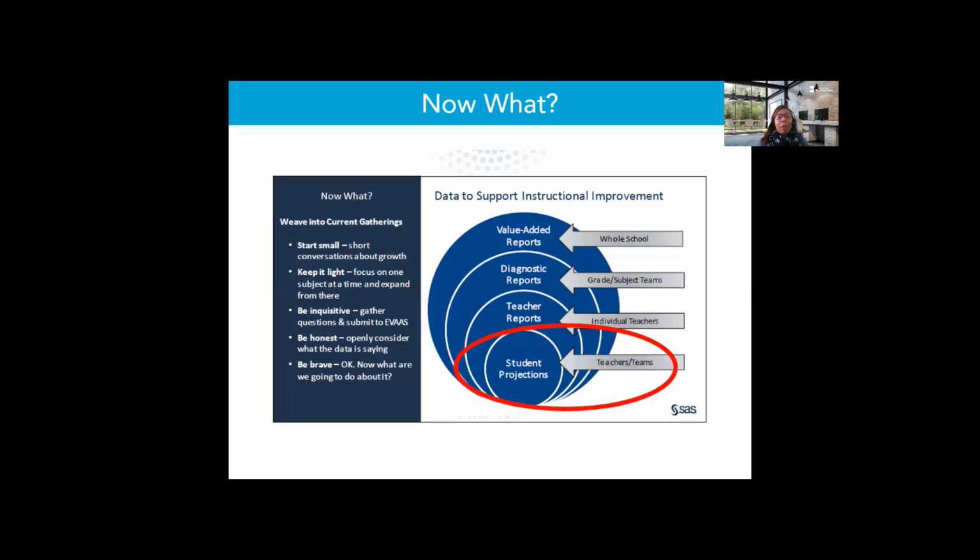So if you've been through any of our other EVAAS presentations, you know that there are layers of reports, right? So we start with our school level reports, looking at value added and diagnostic, and then looking at our teacher level reports where we have individual value added and diagnostic reports. And now we're looking at the bottom layer being the core of it all, the student projections.